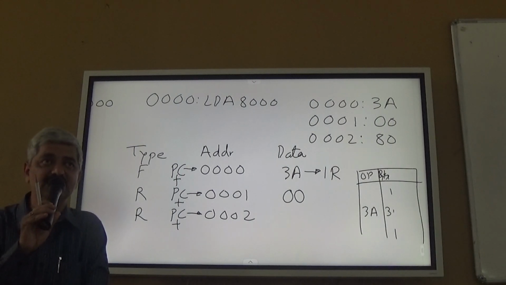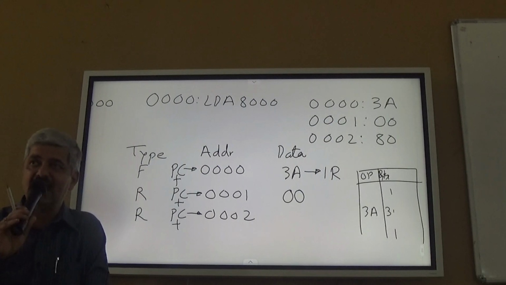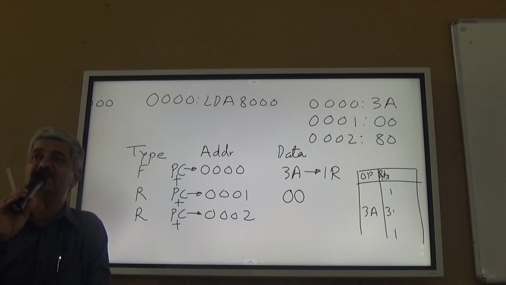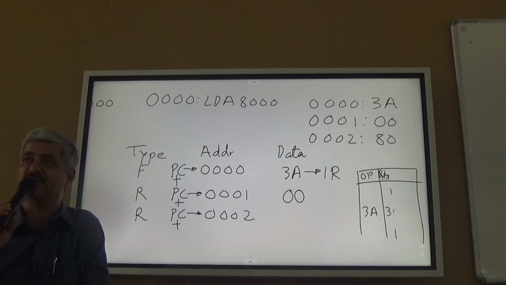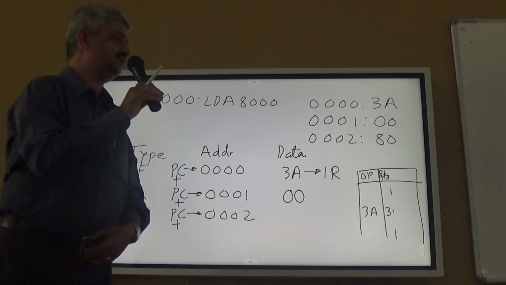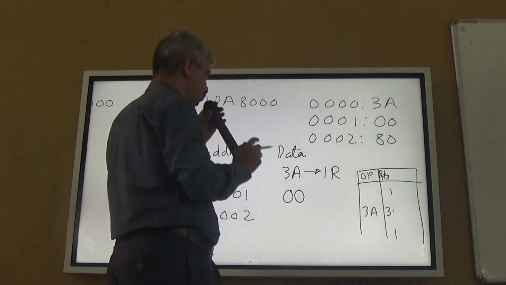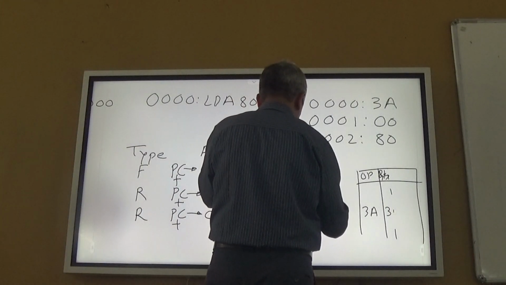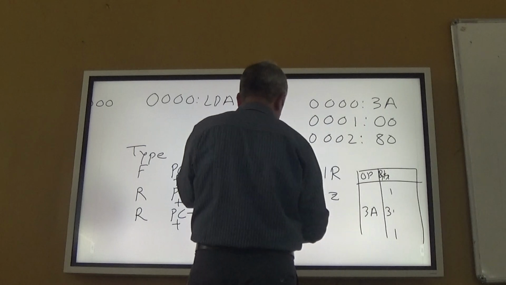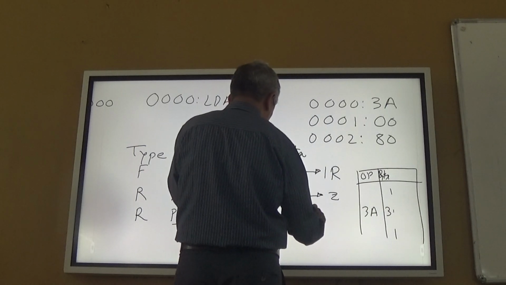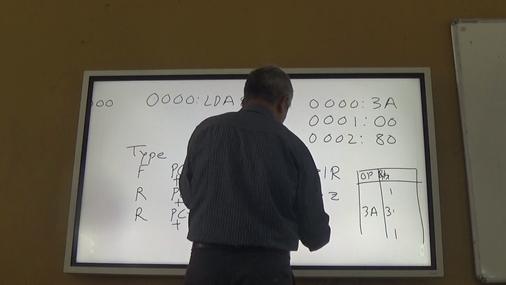These registers are hidden and used only for internal, temporary purposes. These are not defined registers for the programmer. So this being the lower byte should go to register Z, and then in the next cycle 80 being the higher byte should go to register W.